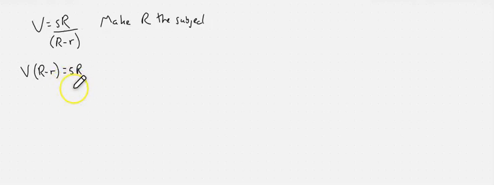The denominator cancels out because we multiplied by capital R minus small r. Now we could use the distributive law to expand these brackets. So we'll get v multiplied by capital R, then v multiplied by small r. So we'll have vR minus vr is equal to 5R. So now we have two capital R's.